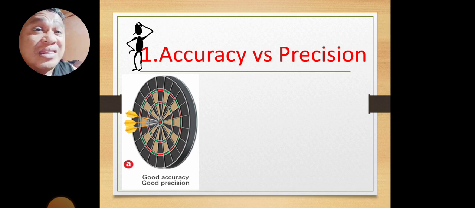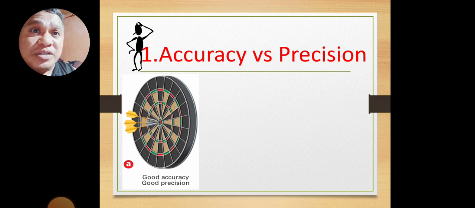So you are very near to the accepted value or the true value, no matter how many trials you have done. And of course, precision is the closeness of the first trial, second trial, and third trial. If the first trial is 100, the second trial is 100.